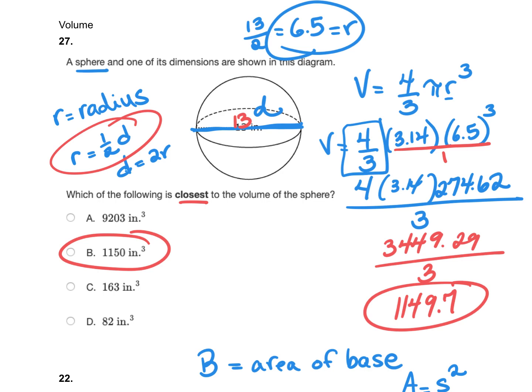You got to divide that in half to get the radius, and that goes in for R. And then, once you cube your radius, multiply it 3 times, times itself 3 times, and multiply by pi, and multiply by 4, then we divide by 3, because the rules of fractions tell me we multiply straight across.